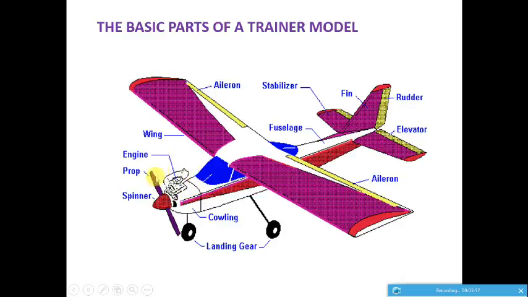It's the engine. The engine for an RC aircraft can be a two-stroke engine, a muffler engine, or also an electric brushless motor can be used. So in our model we had used a brushless motor.